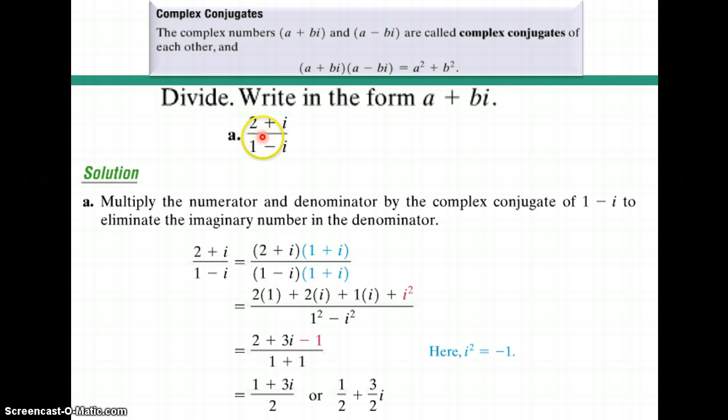Let us divide 2 plus i over 1 minus i. 1 minus i is a complex number. To multiply by the complex conjugate, the complex conjugate of 1 minus i is 1 plus i.